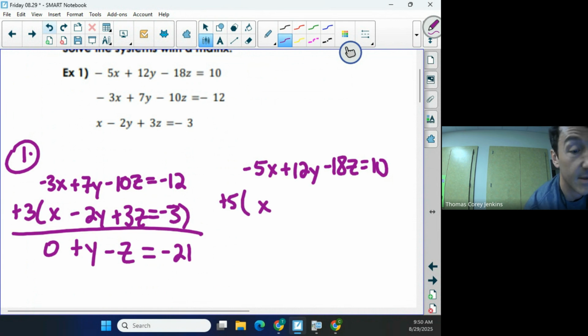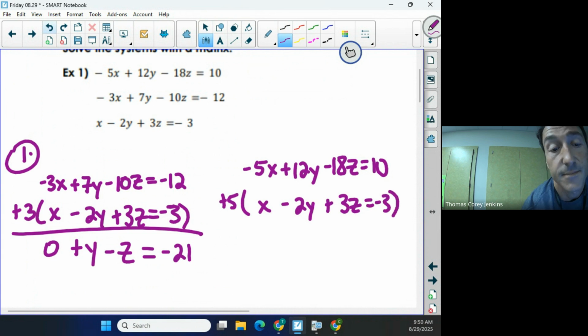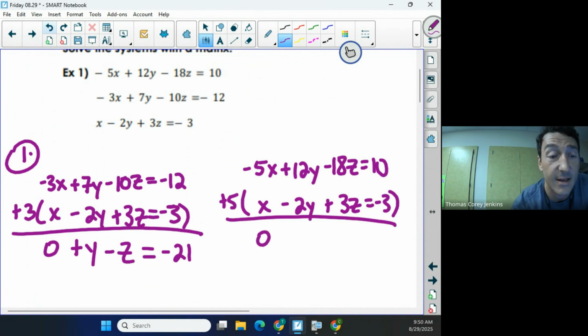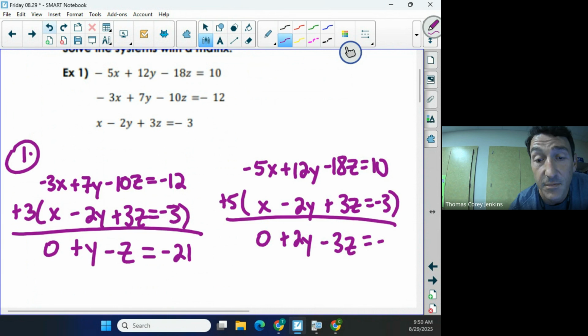So 5 times x minus 2y plus 3z equals -3. All right, so again, that's going to give me 0x. Then I'll have 12y minus 10y would be 2y. -18z plus 15z would be minus 3z. And then on the other side, 10 plus -15 would be -5.